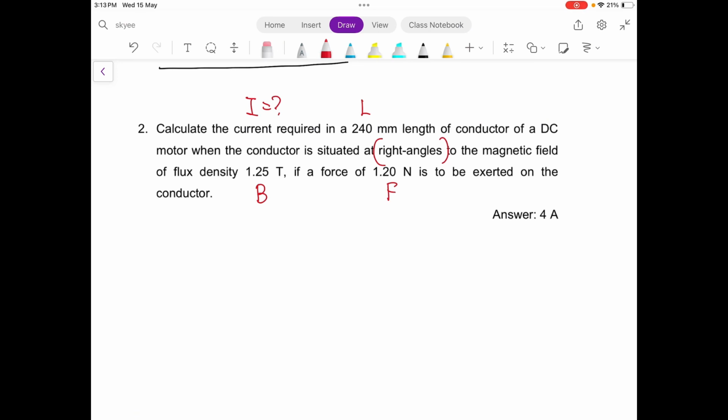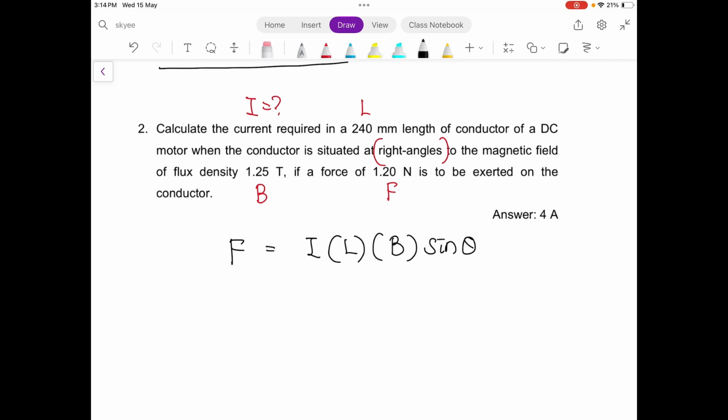Okay, so in this question, again, they didn't give us the exact direction, right? They just mentioned right angles. The force is given, so we can directly apply this formula: I multiplied with L, multiplied with B, and sine theta.